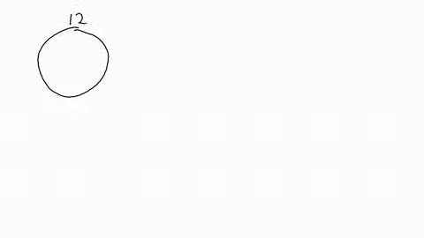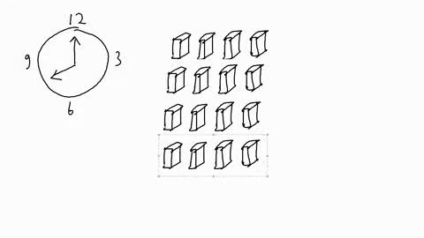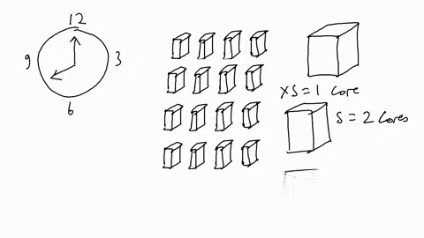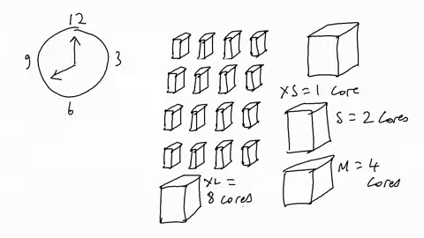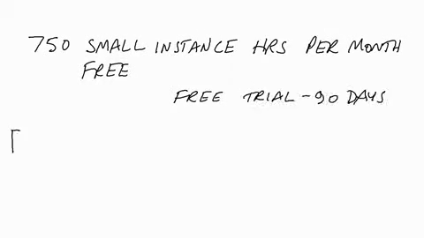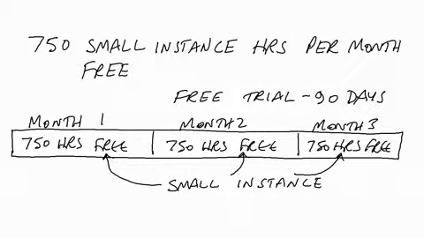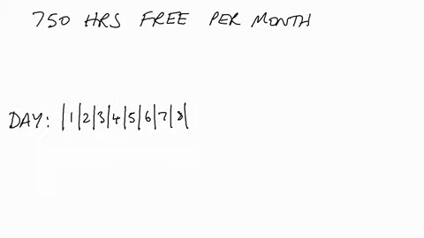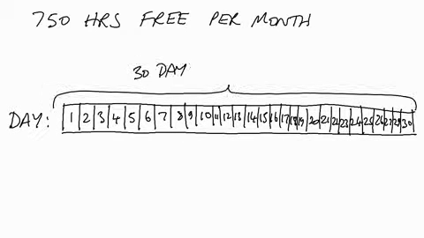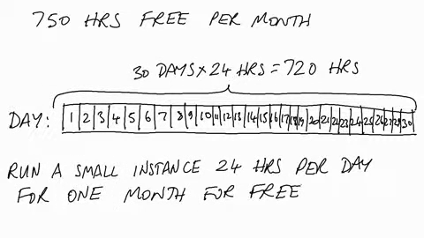Let's summarize. You can exploit the way cloud billing works by careful selection of the time periods, the number, and the size of servers you deploy to make sure you don't exceed 750 small instance hours per month for the 90 days of your trial subscription. You could run a single small instance 24 hours per day for a month.